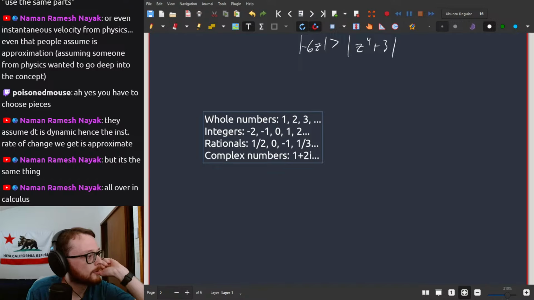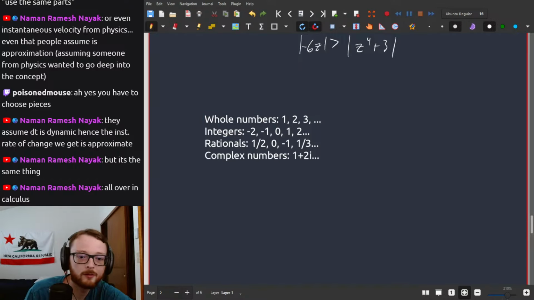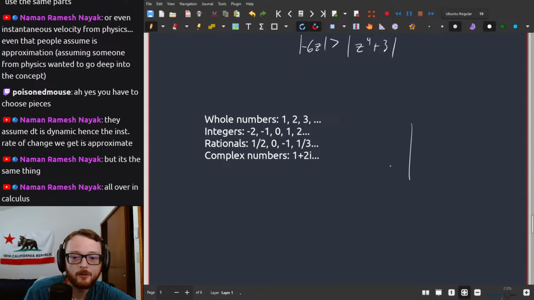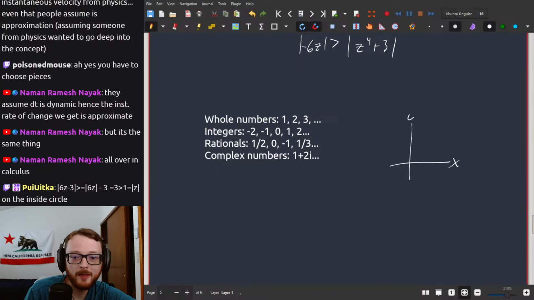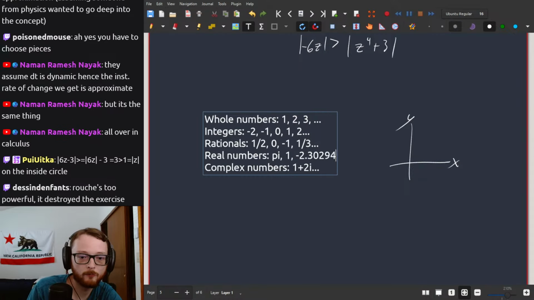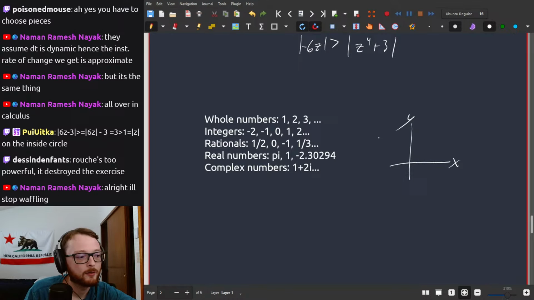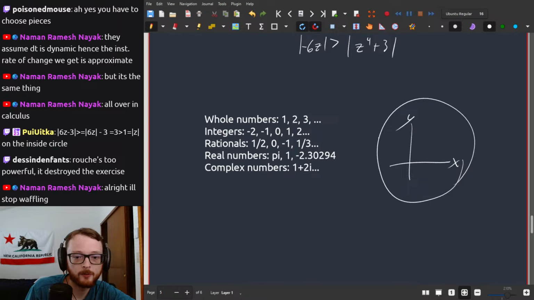And so when we make the x and y axes, we normally mean that with real numbers, which I didn't describe. Pi, 1, -2 point whatever. Our x and y axes are normally talking about real numbers specifically.